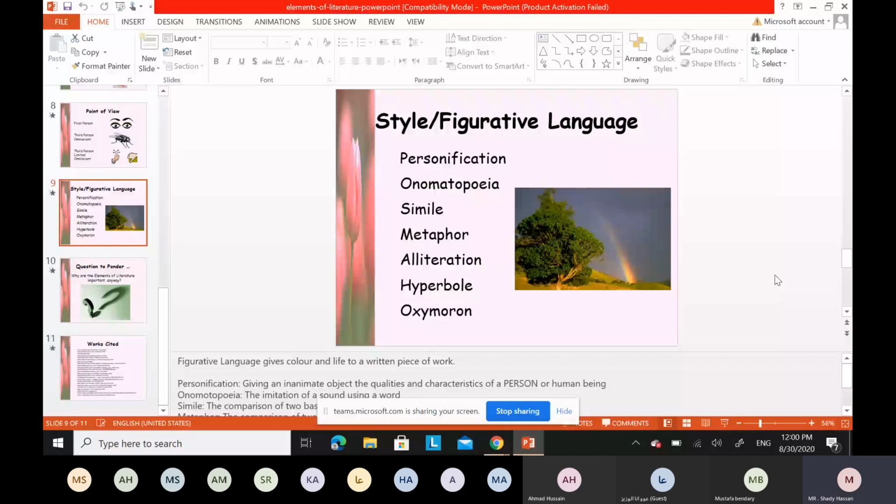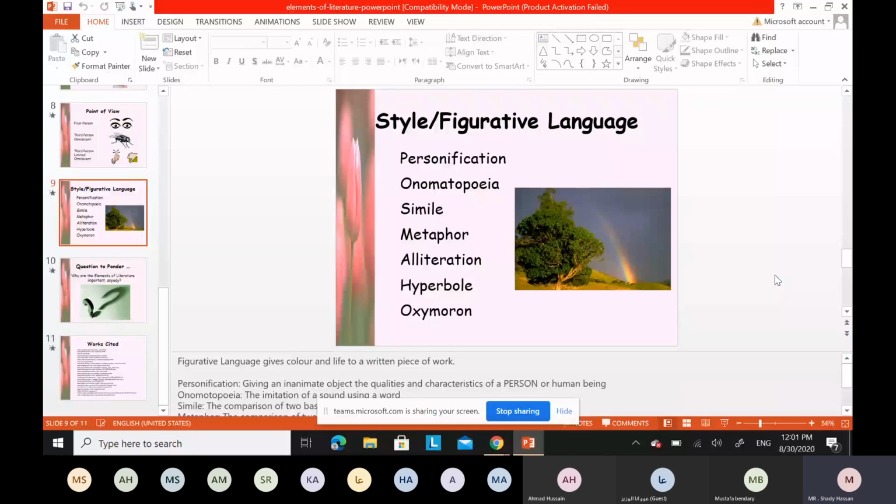For example, when I'm saying that the wind is bitter, well, actually, the wind is not bitter. The wind bites. Actually, the one who bites is a human being or an animal, and the wind does not have teeth to bite with.